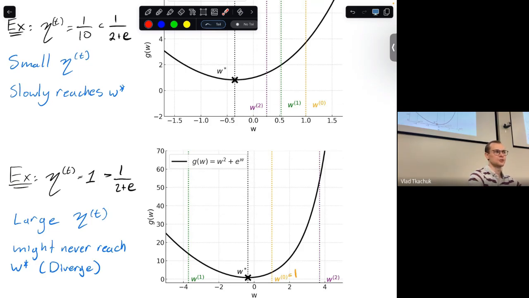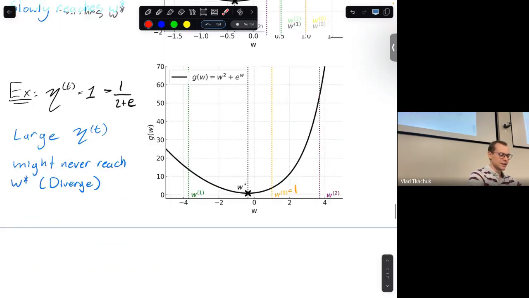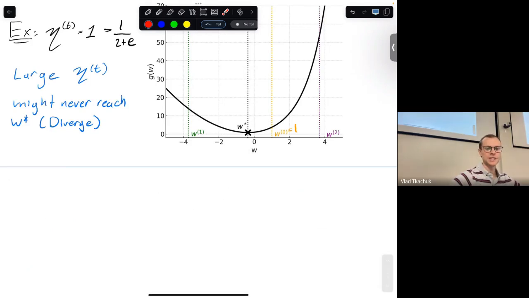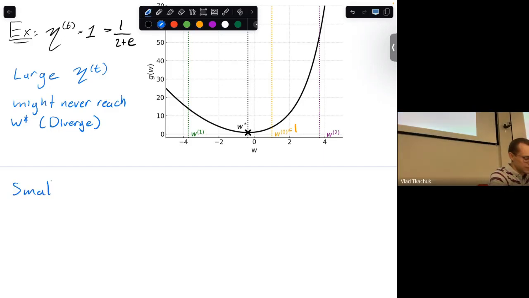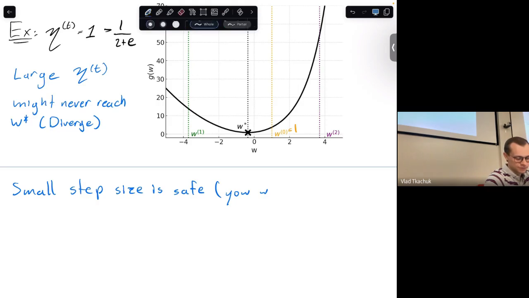Okay. So the point of showing these two examples is to communicate that this step size has exactly the interpretation you'd think, which is it tells you how big your steps are from each one of these points. And if you make it small, it turns out you're kind of safe, but it's going to take long to get somewhere. So maybe I write this: small step size is safe in the sense that you will probably converge.